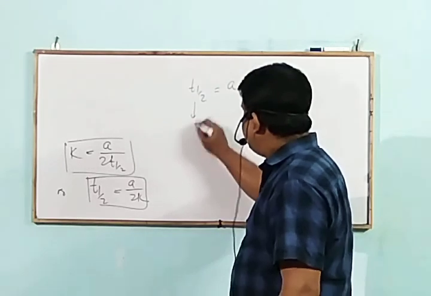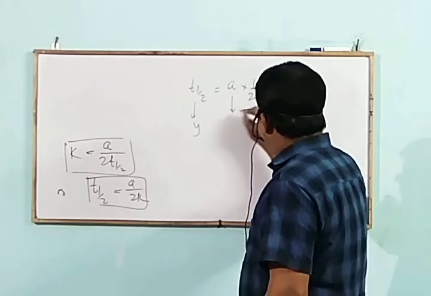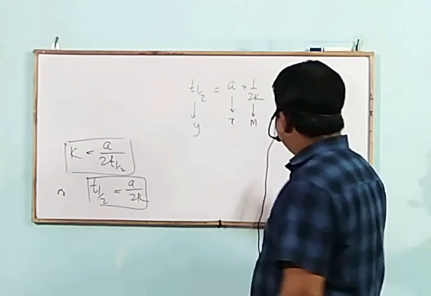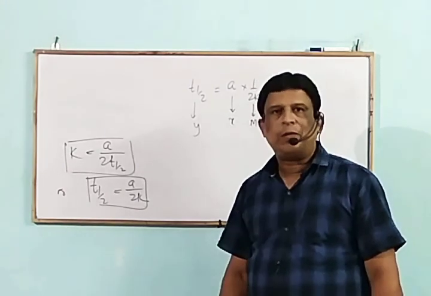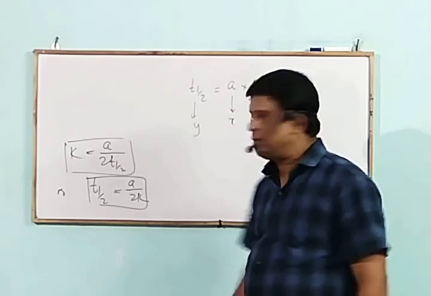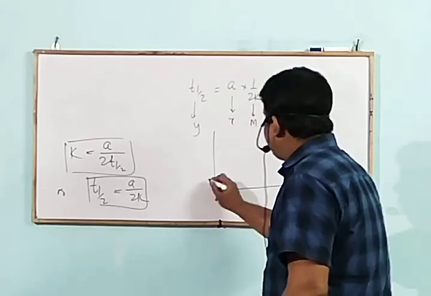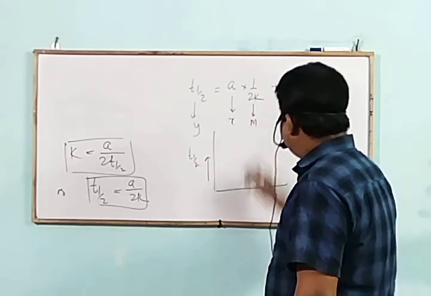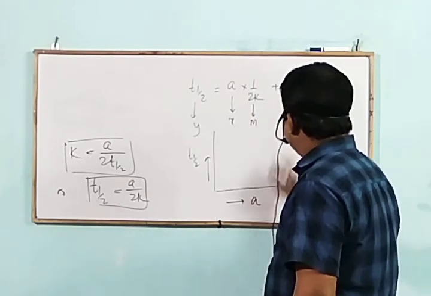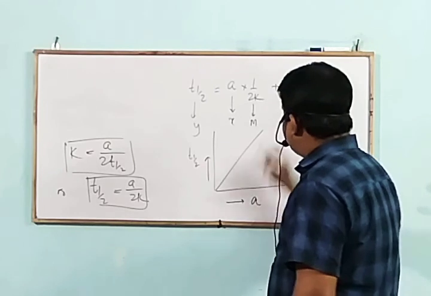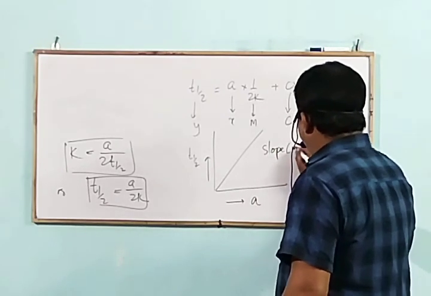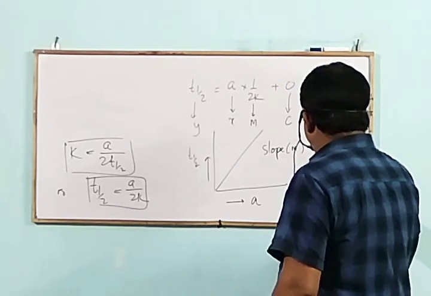It is known as y, it is known as m, it is x, it is c. So if we plot a graph by taking half-life versus initial concentration, then the equation of a straight line is like this, while the slope m is equal to 1 by 2k.